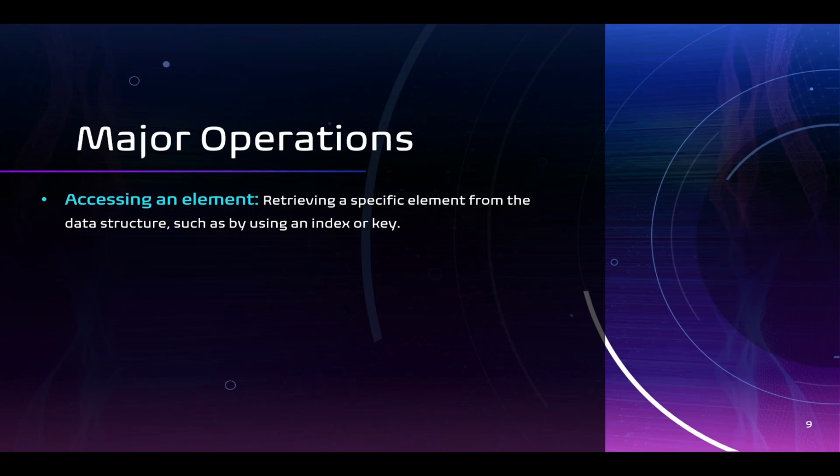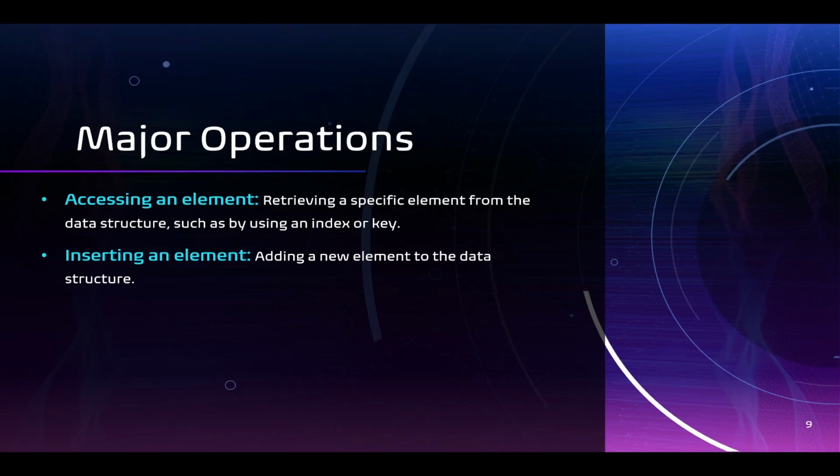This operation involves retrieving a specific element from a data structure, such as by using an index or a key value. For example, accessing an element in an array by using an index value, or accessing an element from a dictionary by its key value. The second operation is inserting an element to a data structure or collection of data.